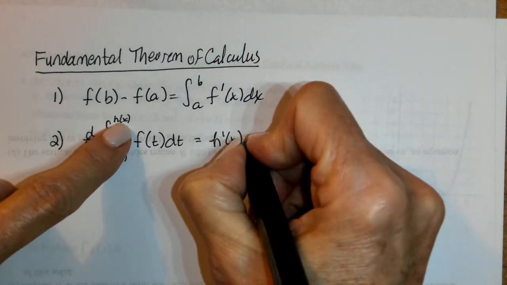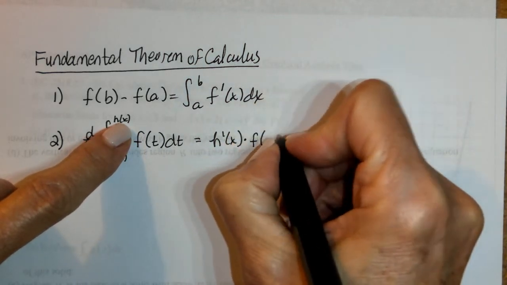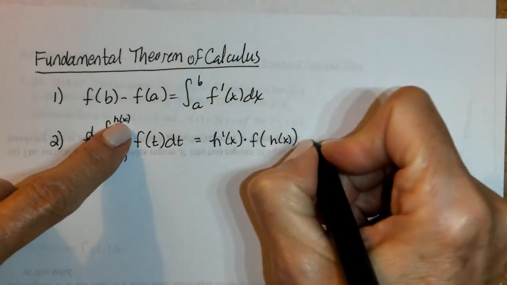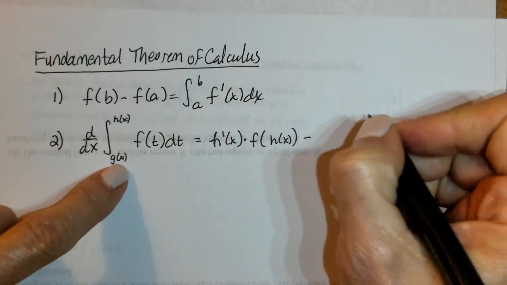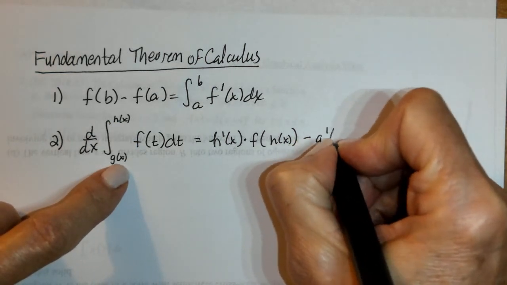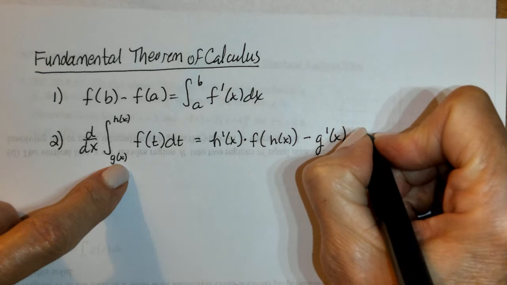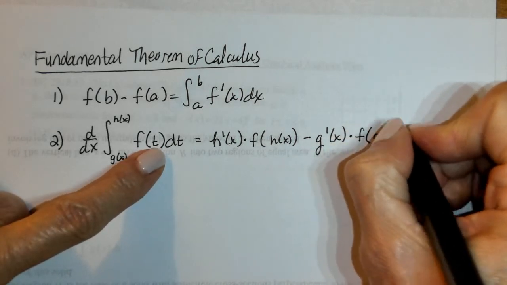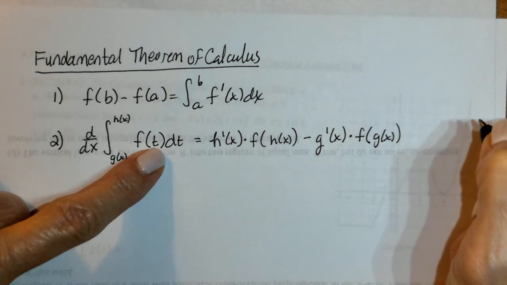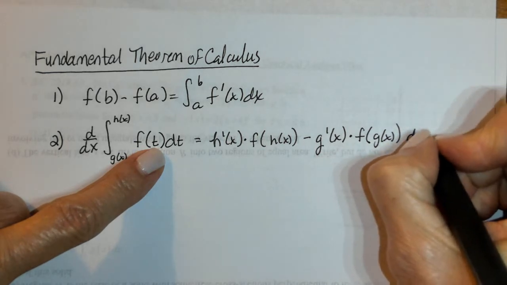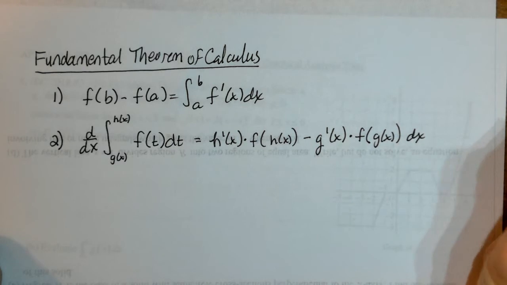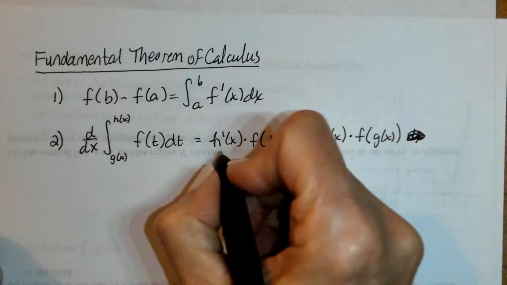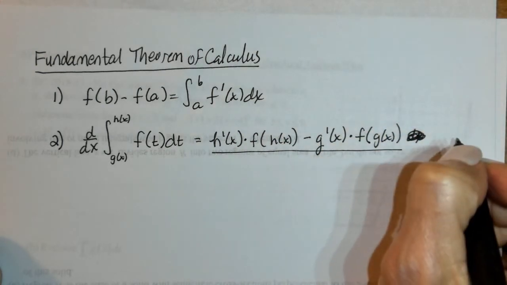So this is going to be times f of h of x minus, now we go to the bottom boundary and do the same thing. Take the derivative and then multiply by the function evaluated at that function of g. Okay, so that is just our answer there.